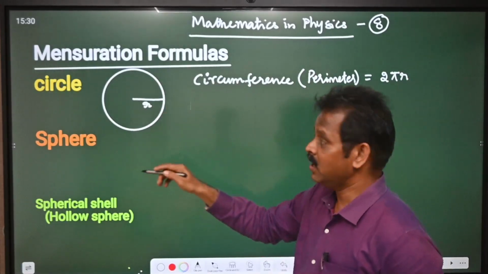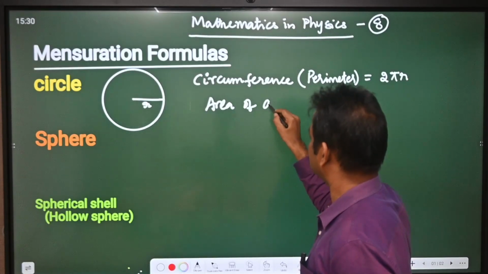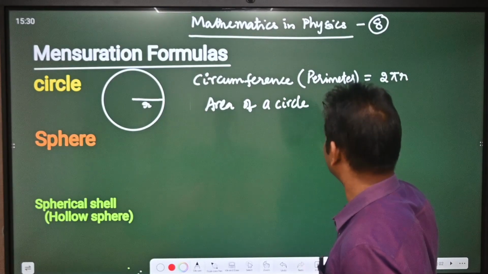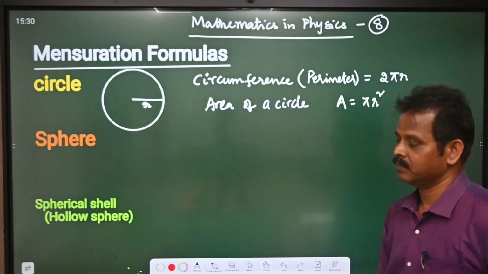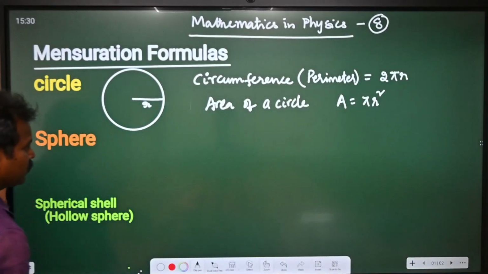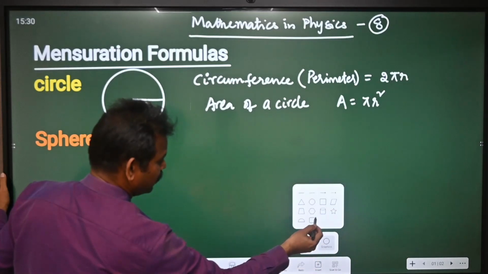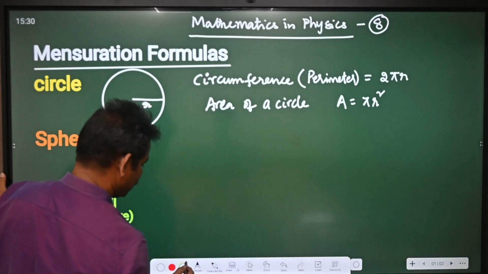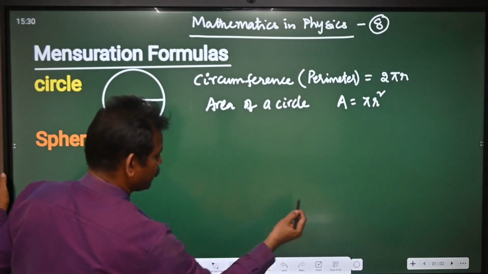And the next one, area of a circle. A is given by pi r square. Now, if we take a sphere, students, when the name is not mentioned, always take the sphere as a solid sphere only.